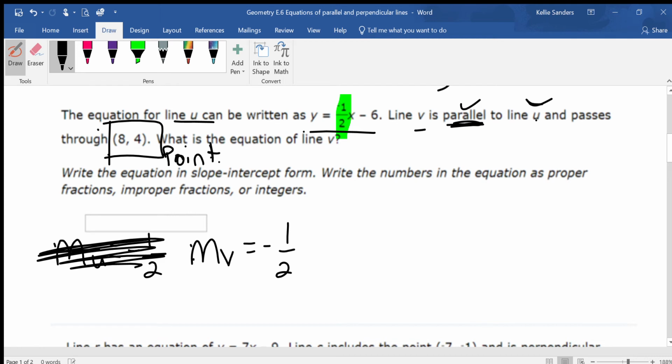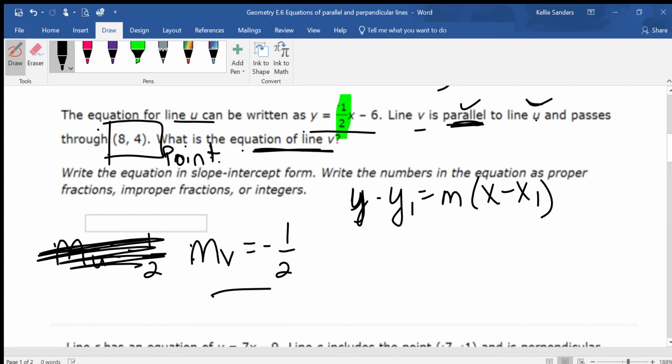Now, if they give me a point, which they did, and I now know the slope, and we want the equation of a line, I'm going to use point-slope form. y minus y1 equals m times x minus x1.